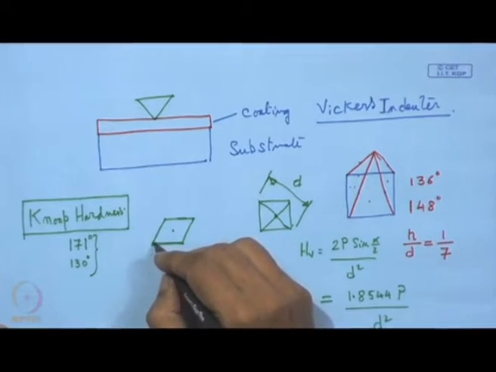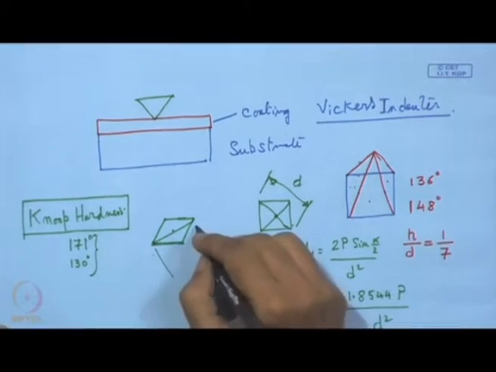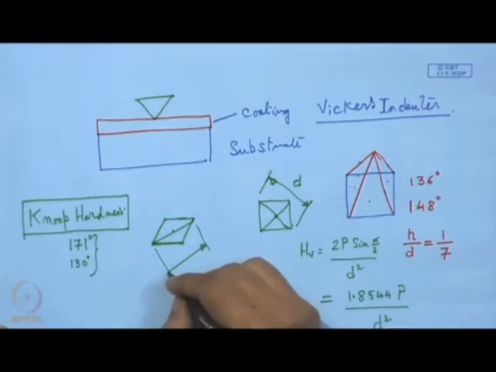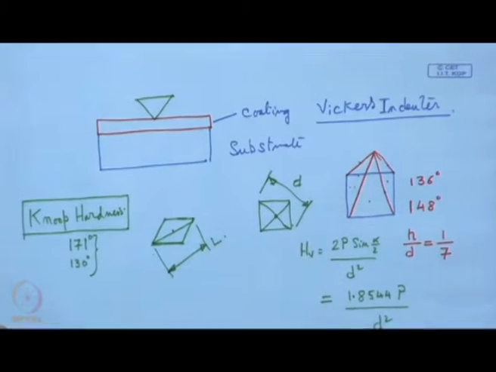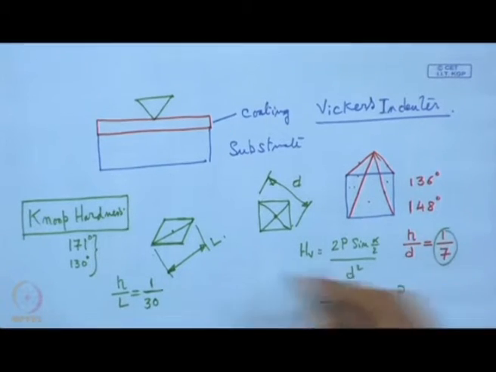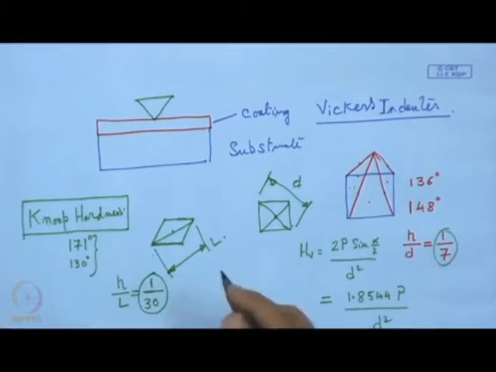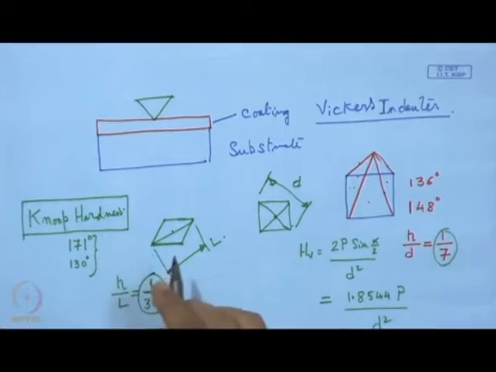Now, here we introduce another term what we call L, that means length of the longer diagonal, that we have to consider, and with that this ratio, this h by L, comes out to be as high as 1 upon 30. So, this is 1 upon 7 and this is 1 upon 30. Now, what is the advantage with this Knoop hardness?